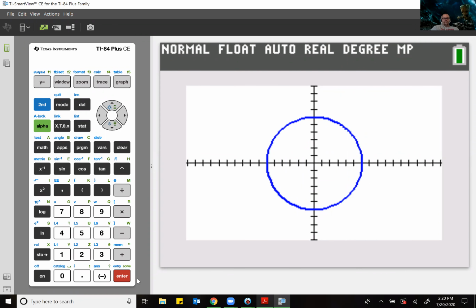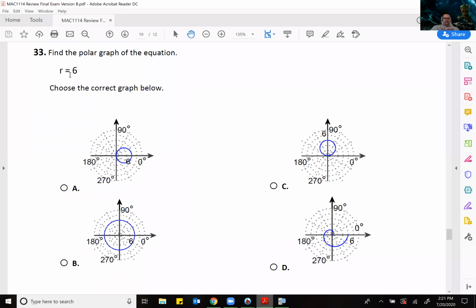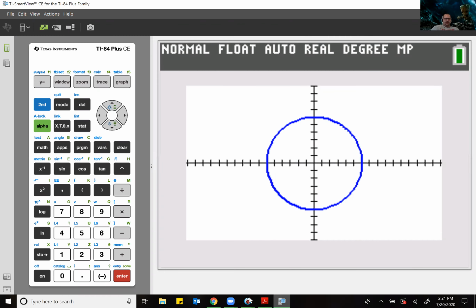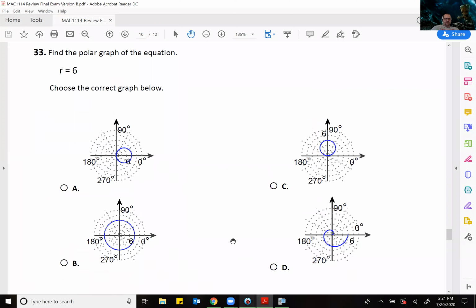You don't have to remember what I said, but generally whenever you have R equal to a number, this is a circle centered at the origin. But the easy thing is just go to your calculator and type it in. Oh, look, it's a circle. So we go back here and look: there's only one picture that looks like that, and that's B. Again, it's counting by 2s down here.